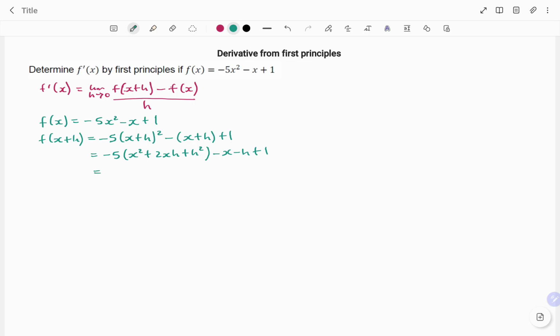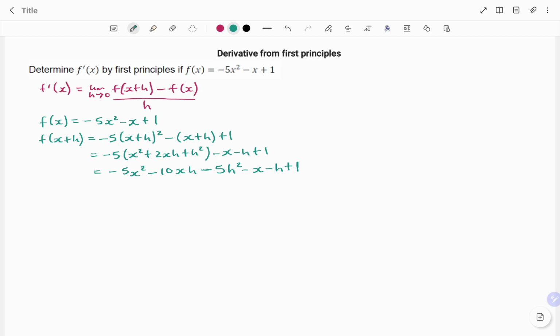I'm still going to further simplify. If I expand with my minus 5, I have minus 5x squared. That's going to multiply all the terms in the bracket: minus 10xh minus 5h squared minus x minus h plus 1.